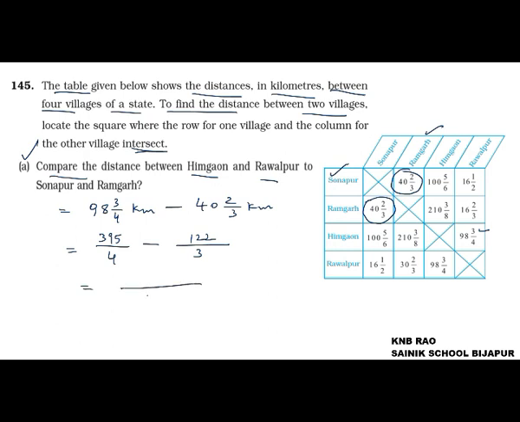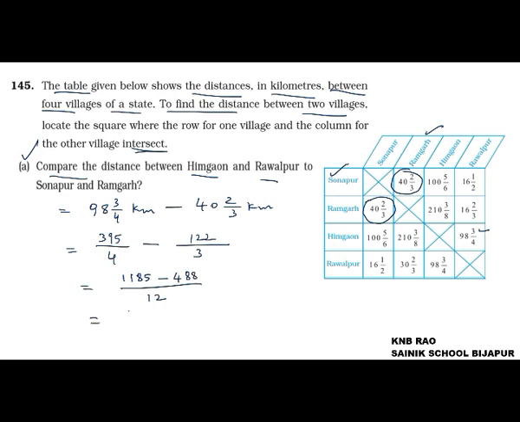Now taking LCM, which is 12, 395 threes are 1185, minus here 3 is 4 times in 12, so 122 fours are 488.